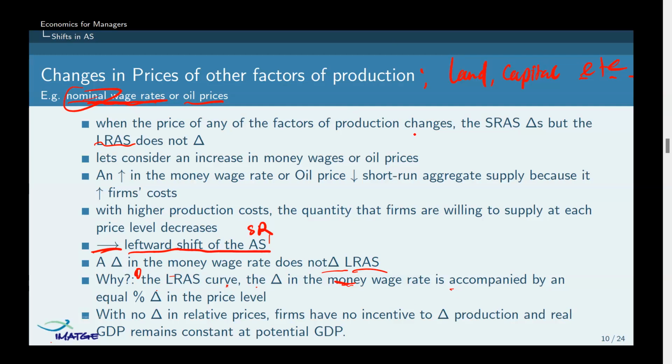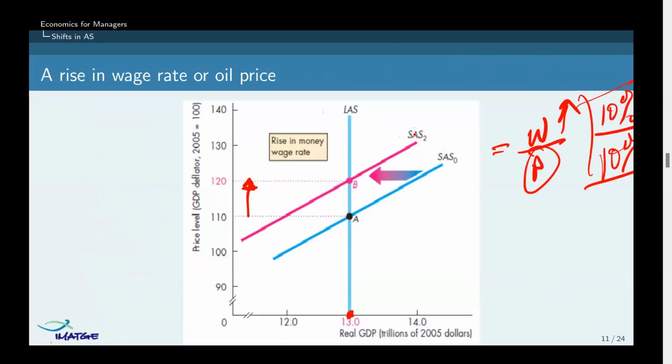But I think the confusion, and I stand to be corrected, is with regards to the actual short run aggregate supply curve, to say that it is not necessarily the price.